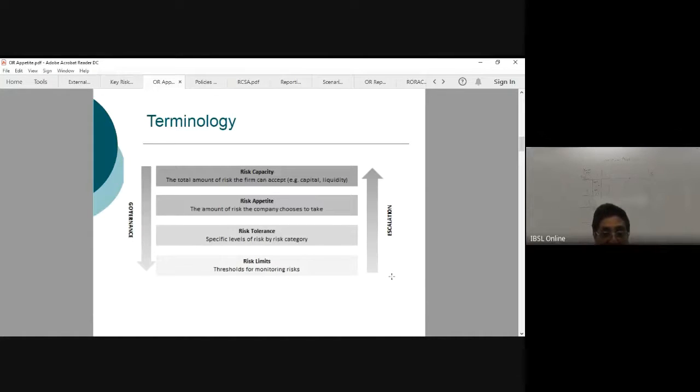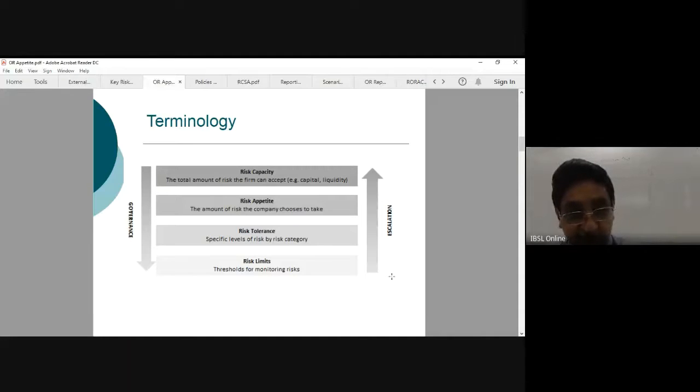But even though we like to have it, in the organization itself there should be guidelines given with certain limits, and those limits are lower than the risk appetite levels.